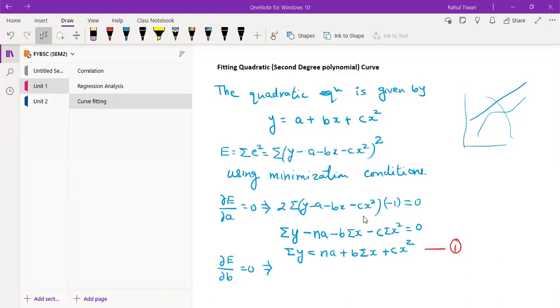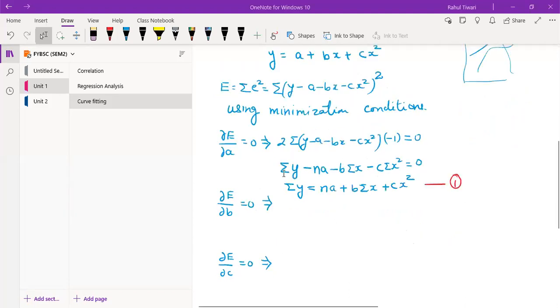And open the brackets. Once you open the bracket, constant remains and summation remains, so it is na, right? Because you are repeating that constant n times, and if there is variable, then directly you take summation, and then keep that summation part in terms of y, because we are going to put y on x.